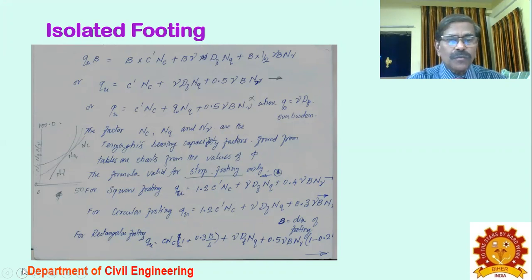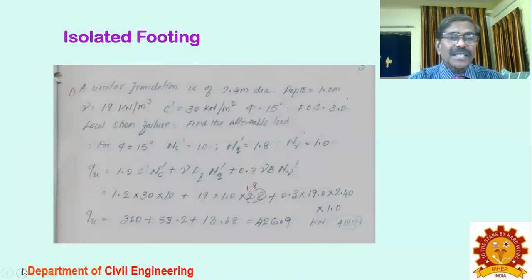For example, for a square footing, q ultimate is equal to 1.2 c' Nc + gamma Df Nq + 0.4 gamma B N gamma. Similarly, for circular footing, you have a formula, and for rectangular footing, both B and L, that is breadth and length of the footing, are accounted for in the bearing capacity equation.